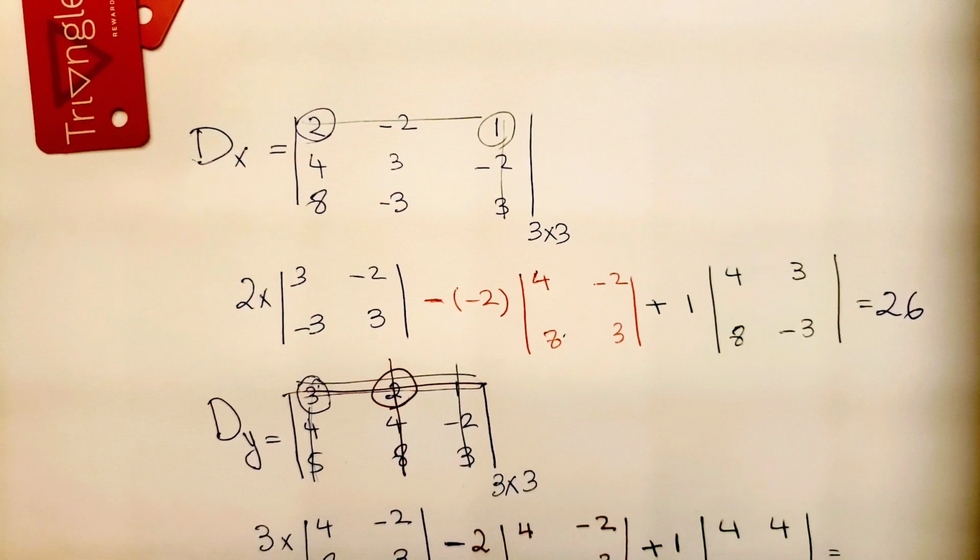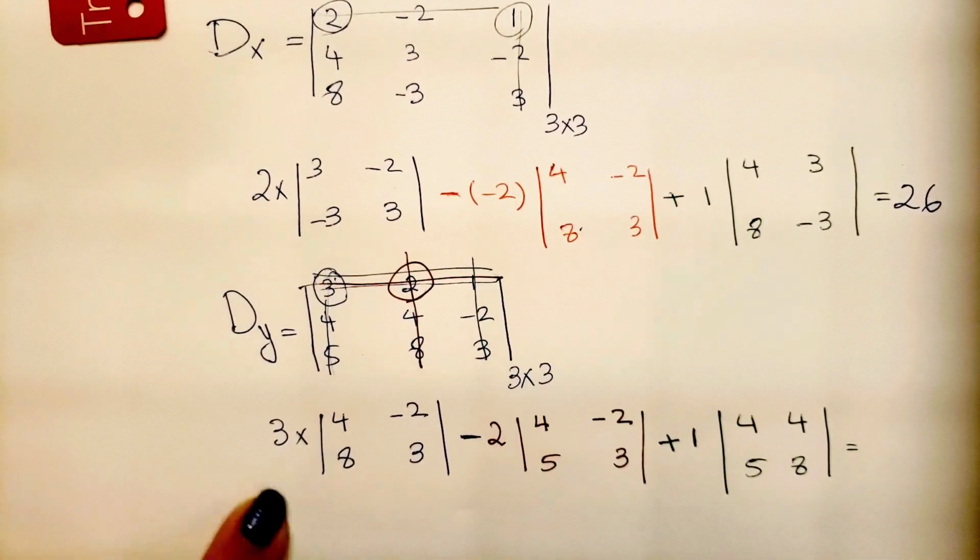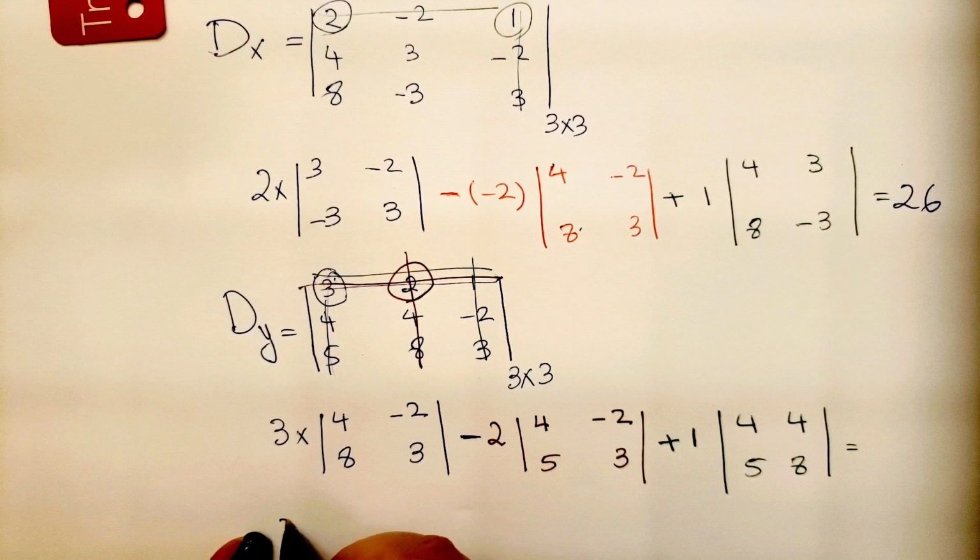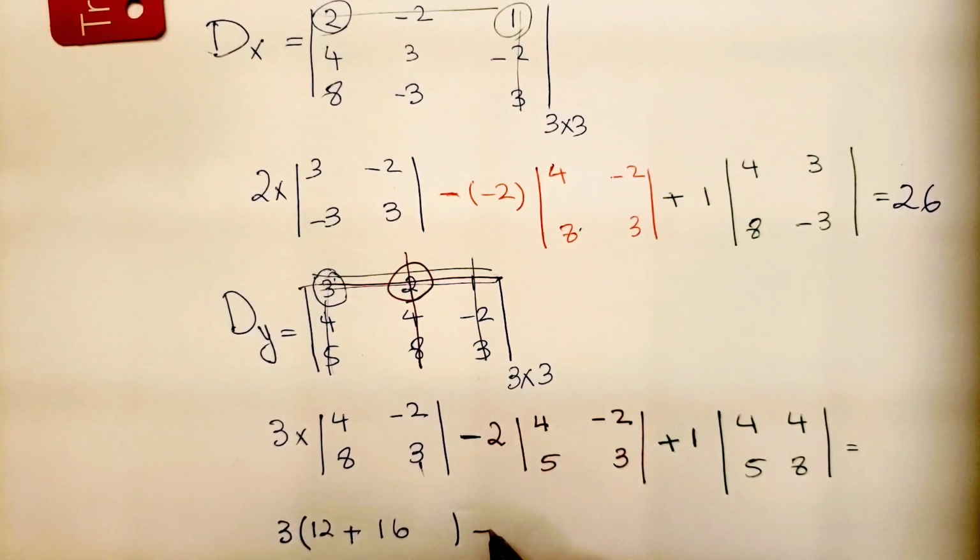Okay, so now let's calculate the value of each of these 3 determinants. So 3 times 4 times 3 is 12, minus 8, -16, and then I have 1 negative, so it turns into positive. The second one, it's -2. 4 times 3 is 12, minus 5 times -2, it's -10, times by -1, +10.